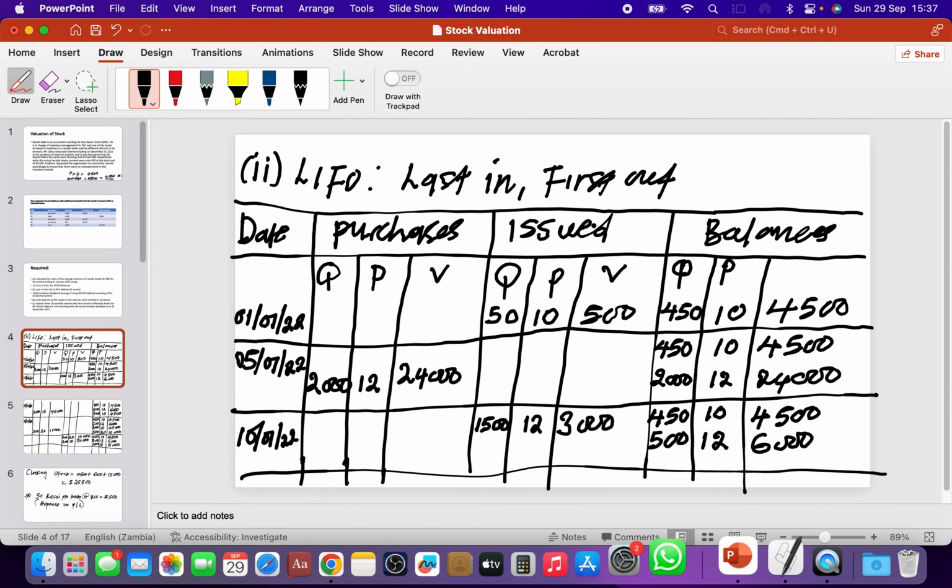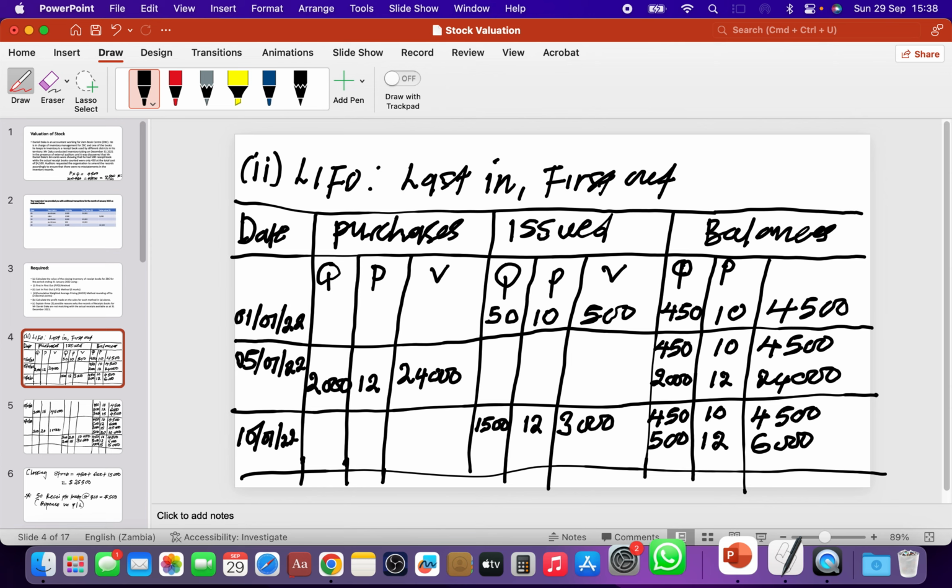Before you record the transaction that happened on the 5th of January 2022, first you need to take note of the opening balance as at 5th of January 2022. Before buying 2,000 units, we had the 450 items coming from the previous date, the 1st of January 2022, valued at $10.